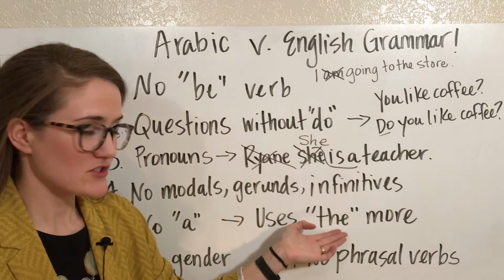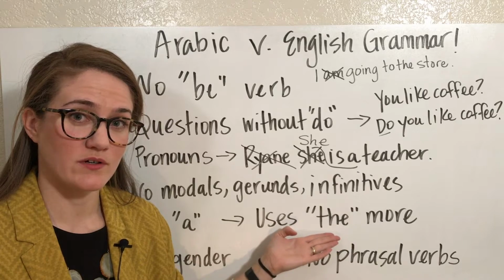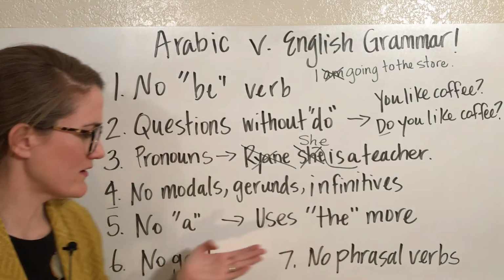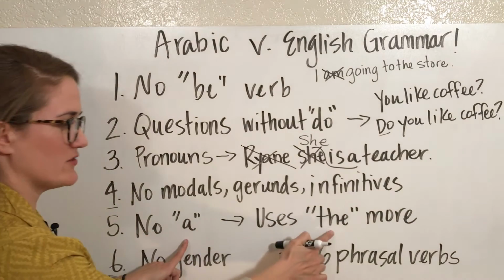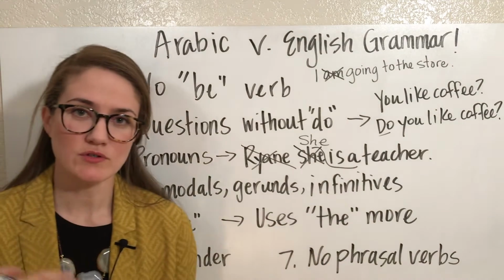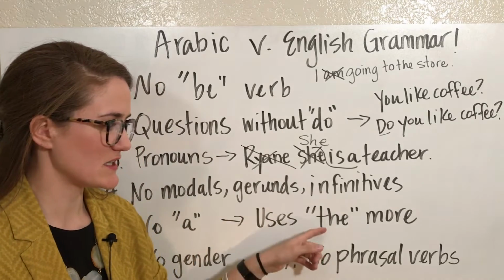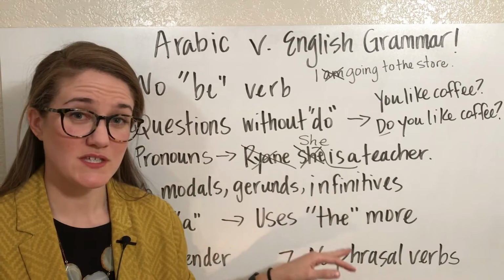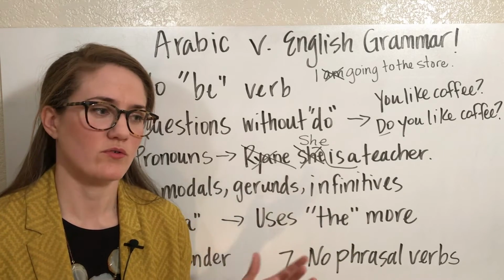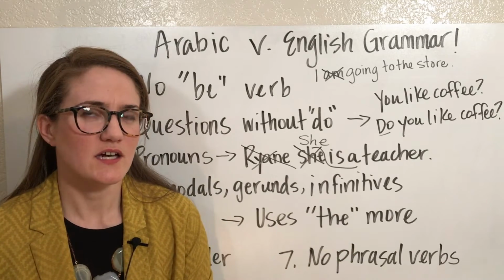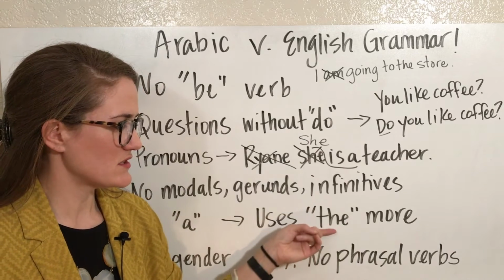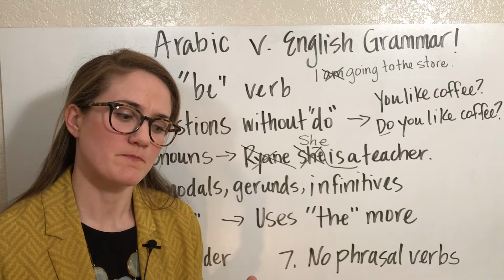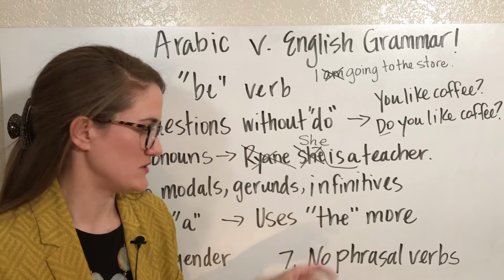So actually in Arabic, you use this word more than we do in English. So Arabic speakers need to be careful with these words and learn the rules in English, because this is not the same. For example, I believe you use the in front of the days of the week or in front of countries. So you're using this word the in a different way than we use it in English. So you should be careful to learn these rules.